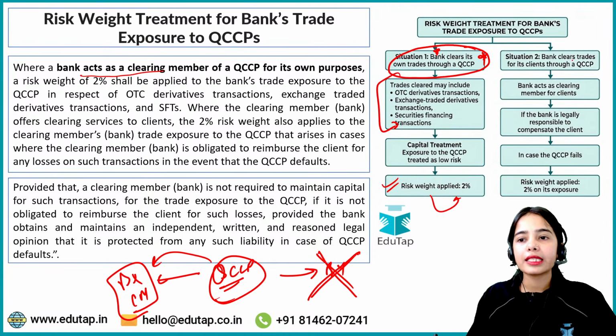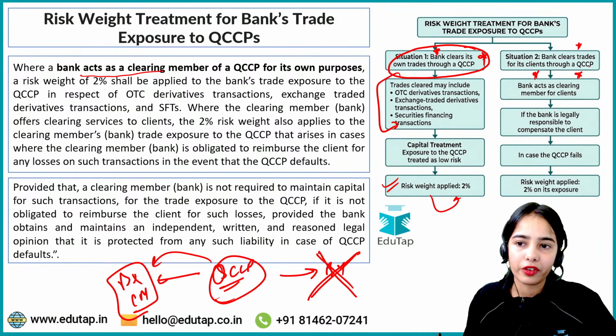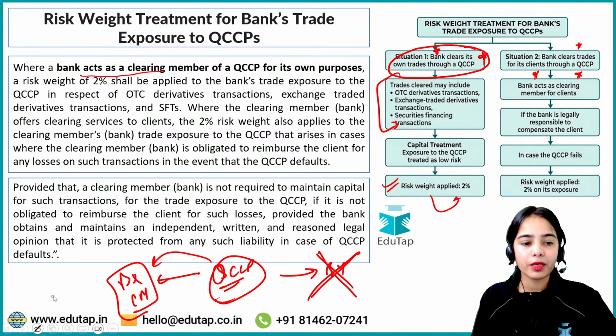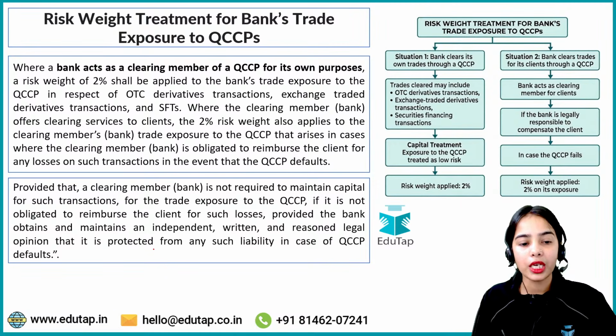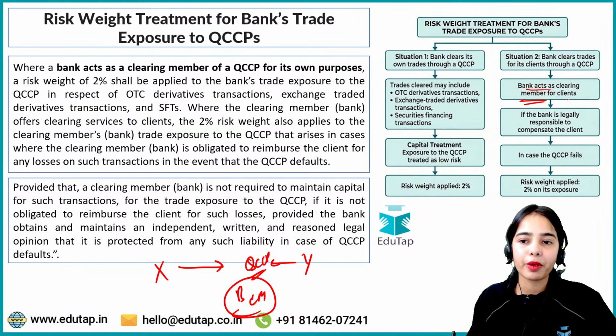Let's say the bank is clearing the trade of its client through a qualified central counterparty. So here the bank is not a part of the transaction. The transaction is happening between X and Y and there is a qualified central counterparty. The bank is just a clearing member. But let's say the bank is acting as a clearing member for its client.